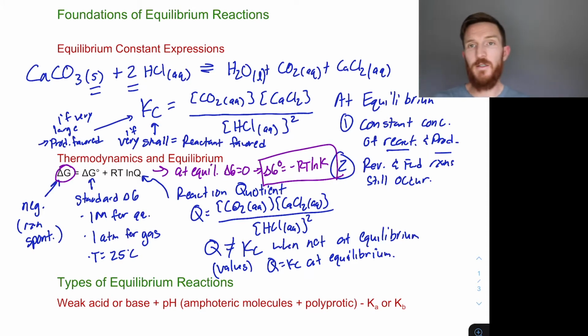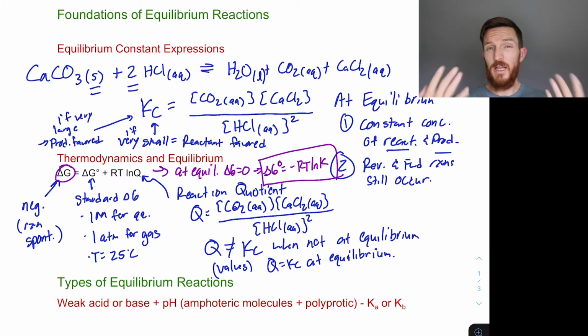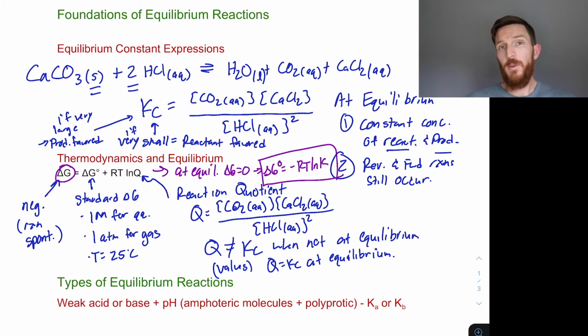Now what this does is give us a direct connection from the Gibbs free energy change for the standard state reaction, 1 atmosphere for gases, 1 molarity for ions, etc., and our K value. So if we have a really negative delta G, then we're probably going to have a large K value, right? Because we have the connection between our delta G and the natural log of K.